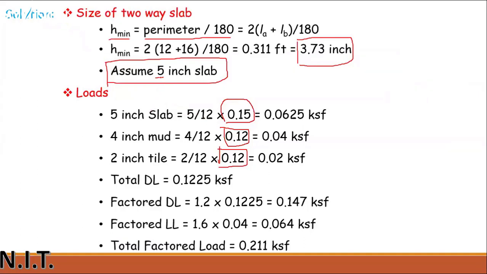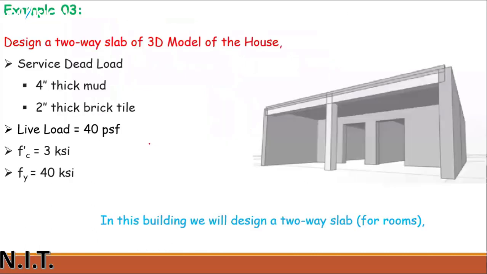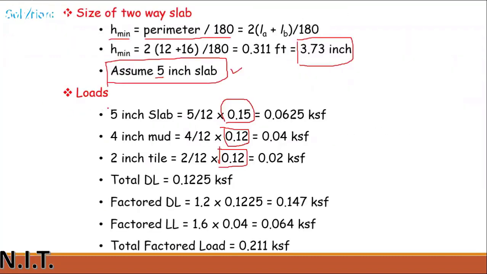And then we multiply all these values with the corresponding thicknesses. The slab thickness is 5 inches, so it is multiplied by 5 divided by 12, divided by 12 to convert inches into feet, to convert the unit. Then 4 divided by 12 because the thickness of the mud layer is 4 inches, and the thickness of the tile layer is 2 inches, as given.